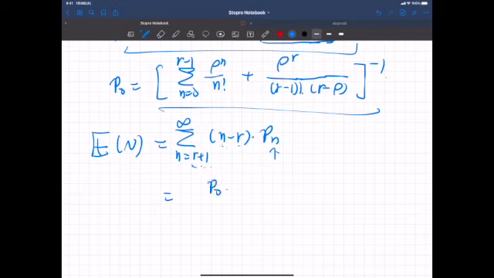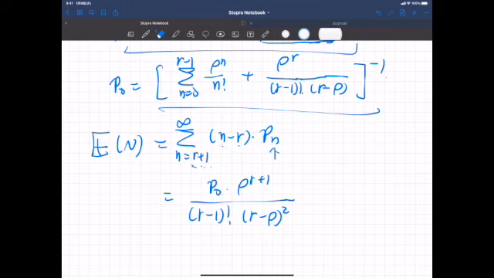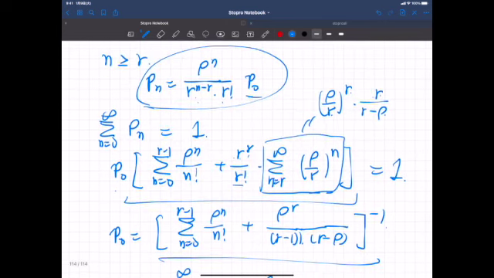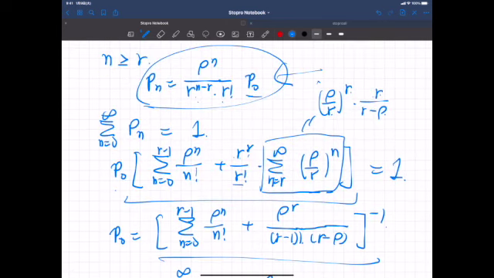So p0, just leave it like this, and rho to the power of r plus 1 over (r minus 1) factorial and (r minus rho) squared. Yeah, we don't explicitly write p0, so it should be easy to derive this result from this expression. So please try this.